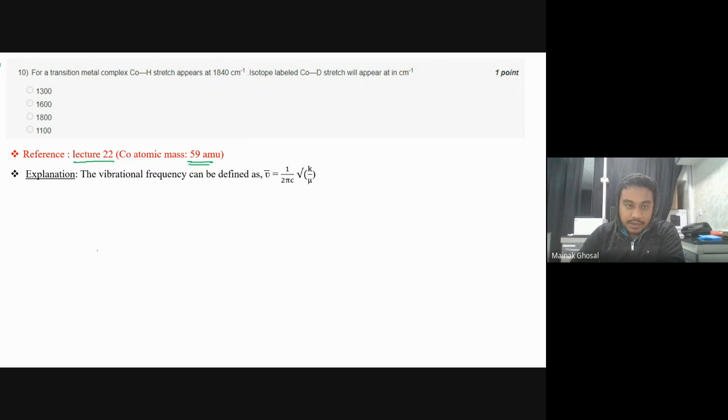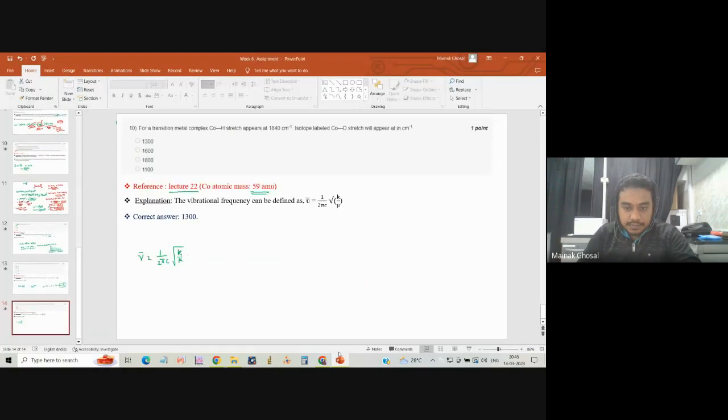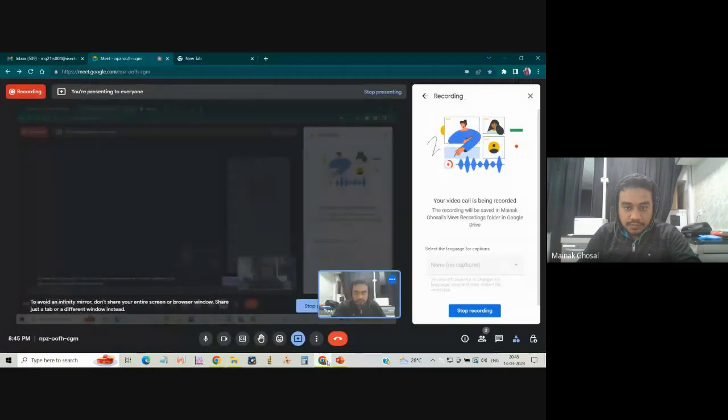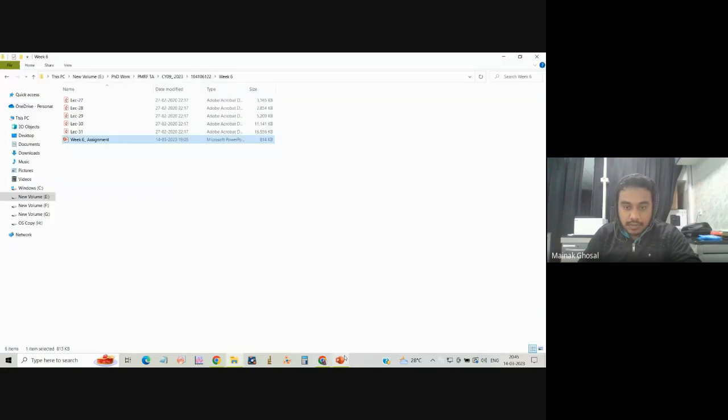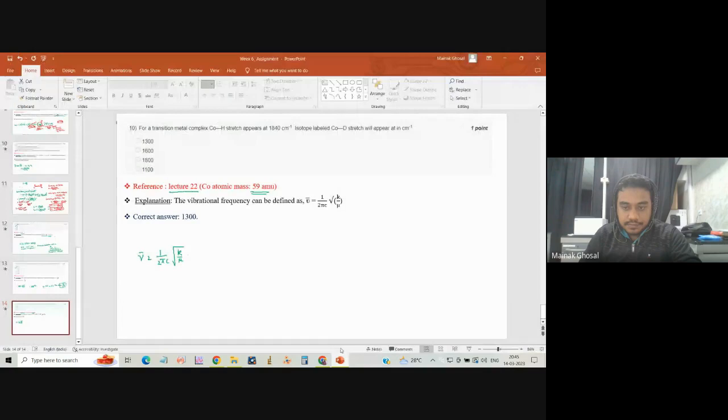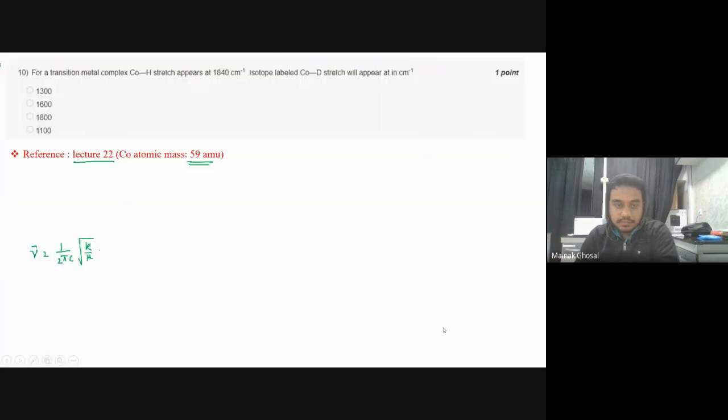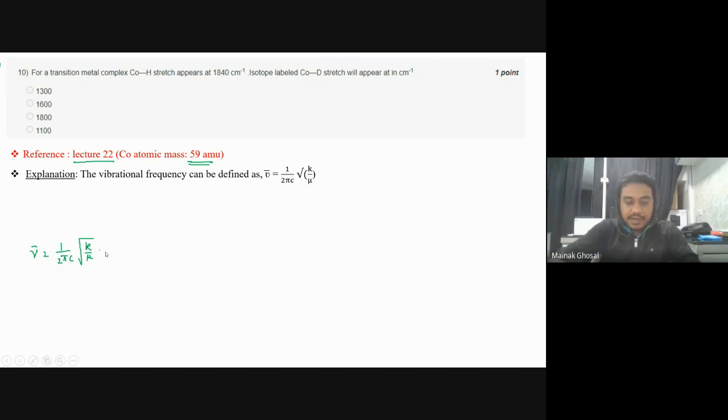So I am doing the solution. You know that this is the relation 1 by 2 pi c root over of k by mu.